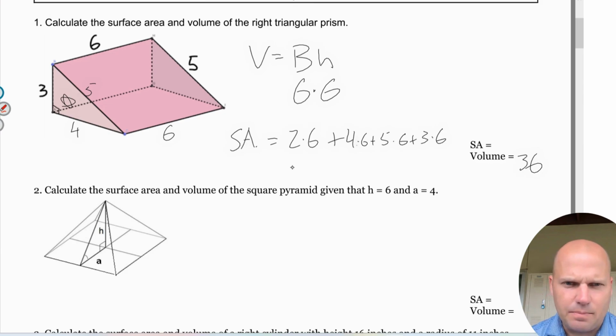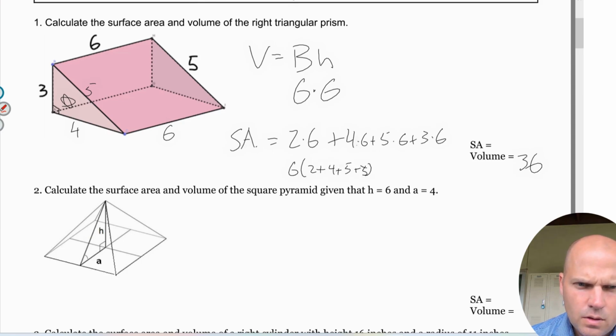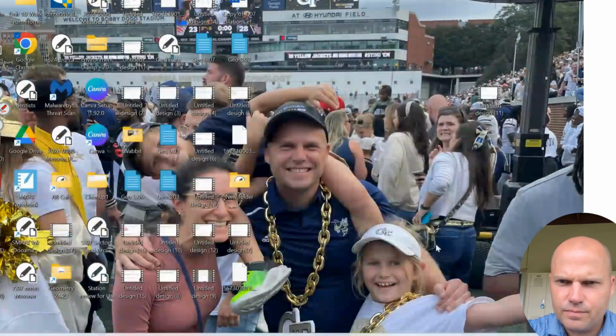You just add all these up, however you get this. I'm going to do it differently. I have 14 6s, whatever that is. Let's break out the calculator.